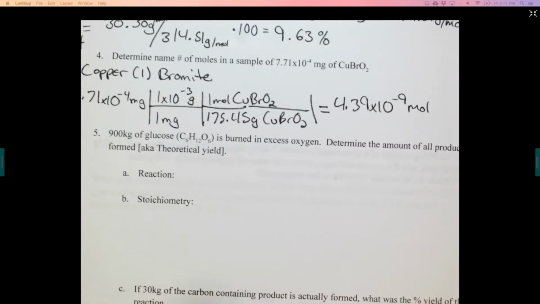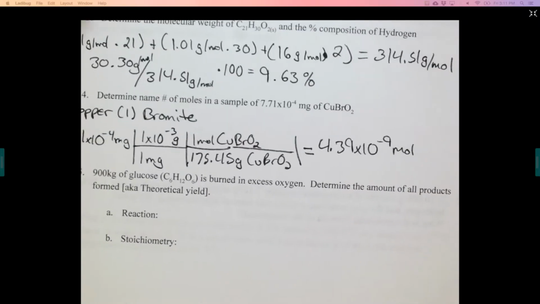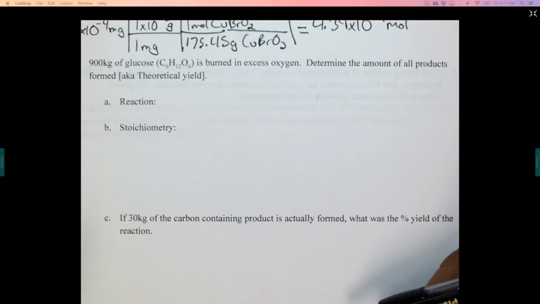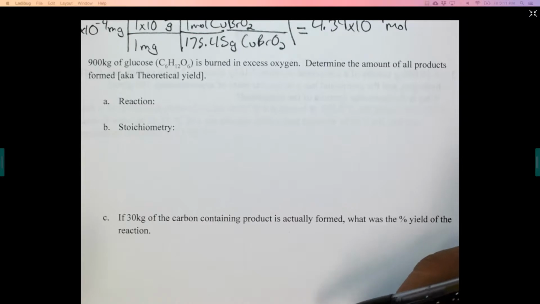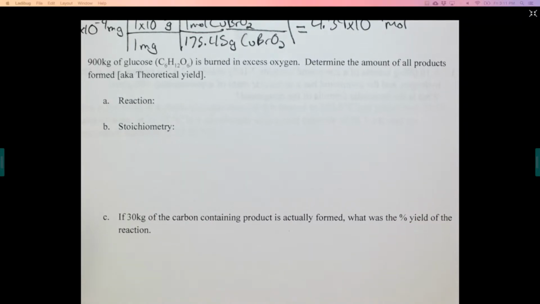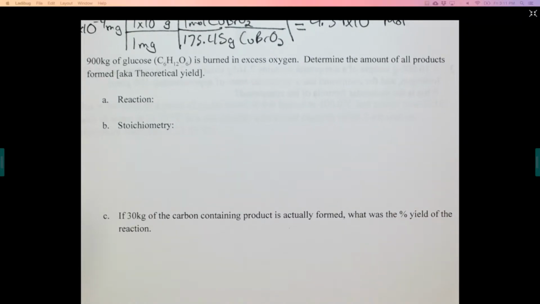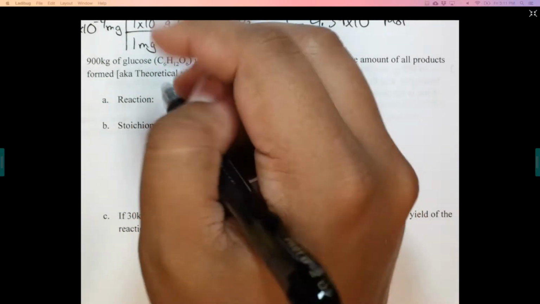Now, when we talk about balancing and writing a chemical reaction, and understanding stoichiometry, here's a good question that brings all of that together. One, can you write the reaction of the combustion of glucose?